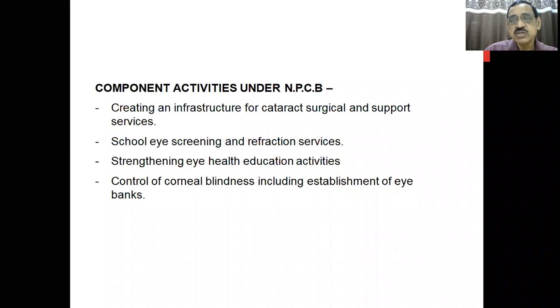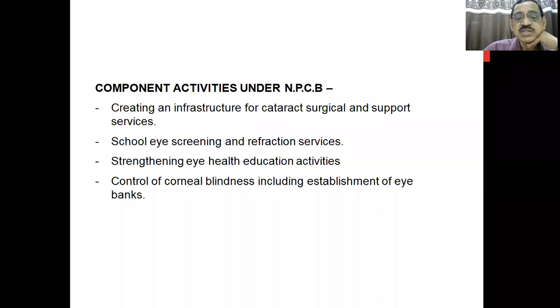They can do a subjective refraction if they have an autorefractometer, or else they can do a cycloplegic refraction and post-mydriatic test and prescribe the glasses. The glasses can be brought, and that solves the refraction problem in school going children.